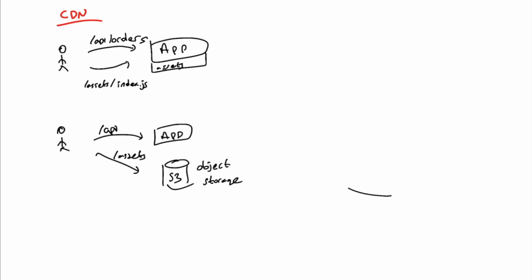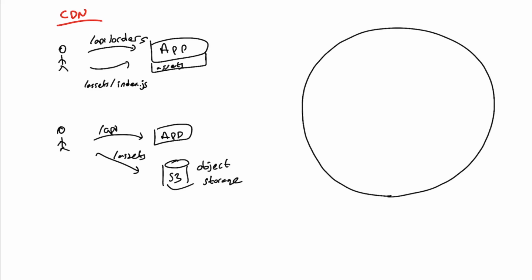So let's say this is kind of the world. Your object storage is not part of your application server anymore, but at the end of the day, it's a single storage, and it needs to be somewhere, let's say here in the world. So whenever some users are trying to get some asset files like JavaScript and CSS or some image or video files, they are coming to this object storage here instead of going to your application server.